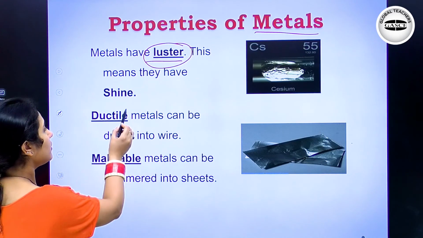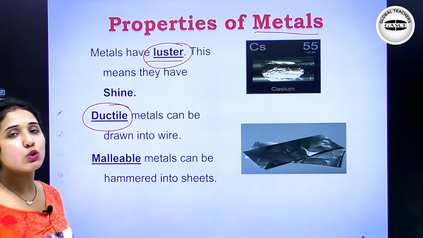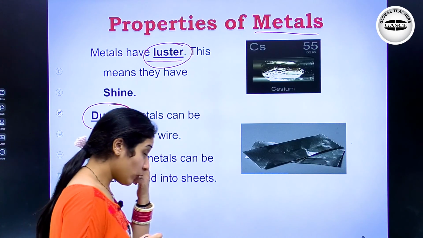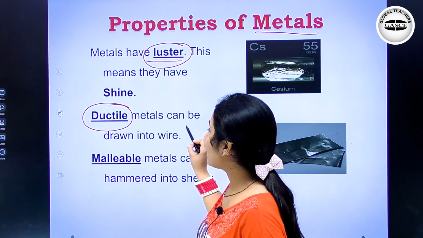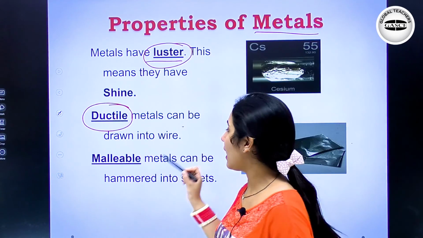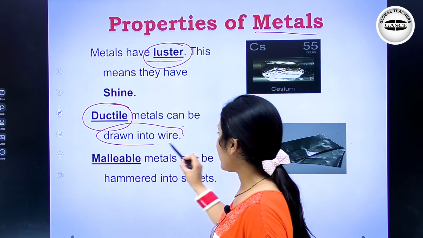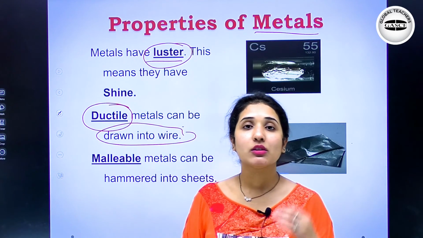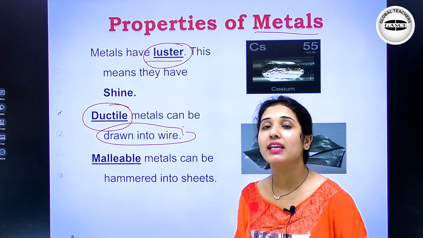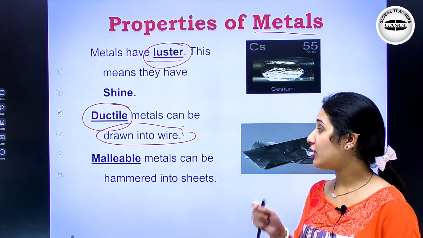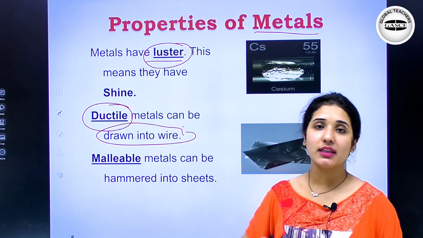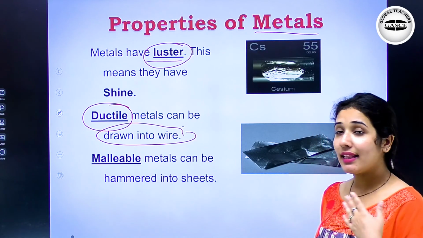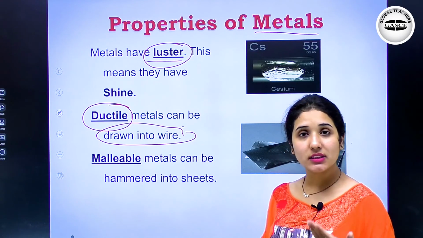Next we have the second property, which is known as ductility. What do we mean by ductility? Being ductile means that whatever substance is ductile, it can be drawn into thin wires. So the property by which any matter can be drawn into very thin wires is known as ductility, and that particular substance is known as ductile.